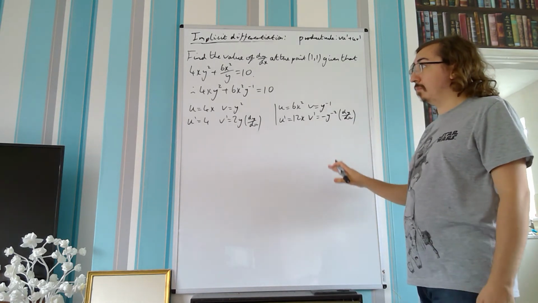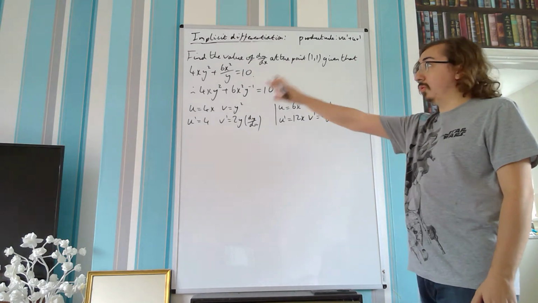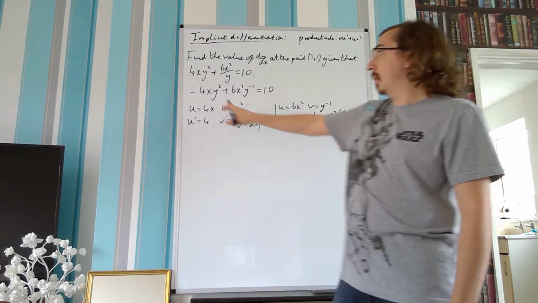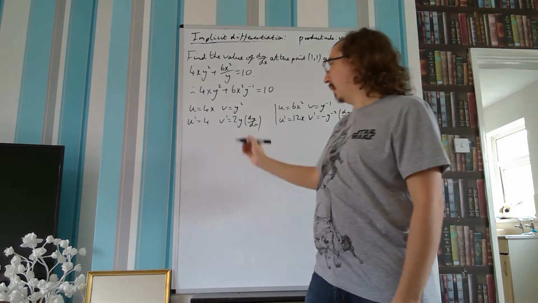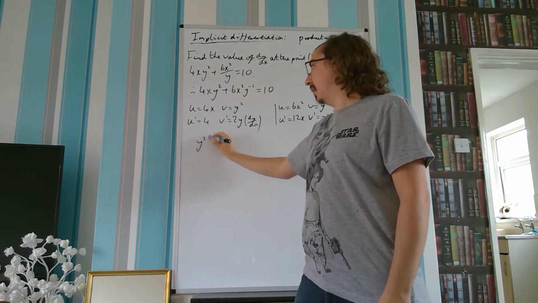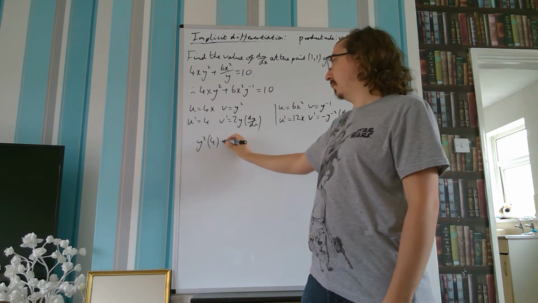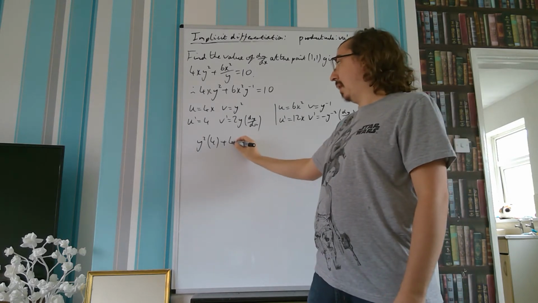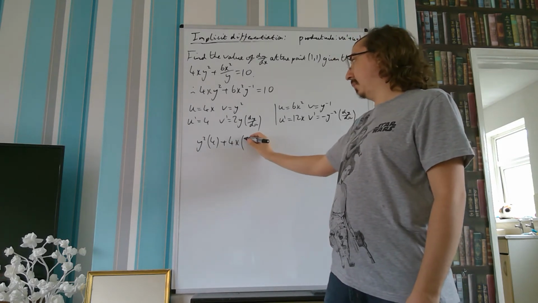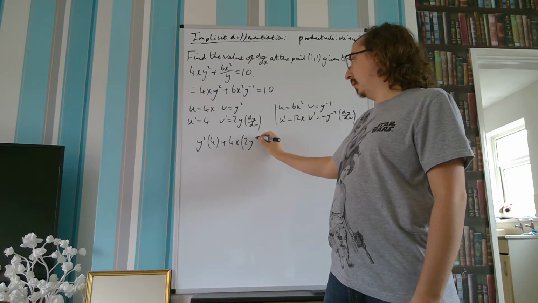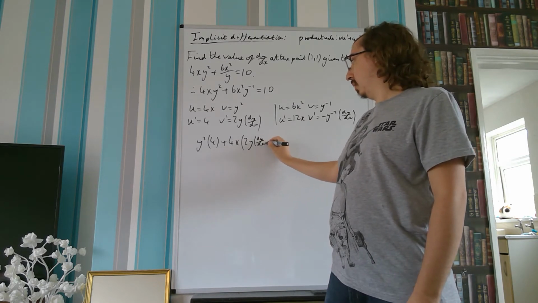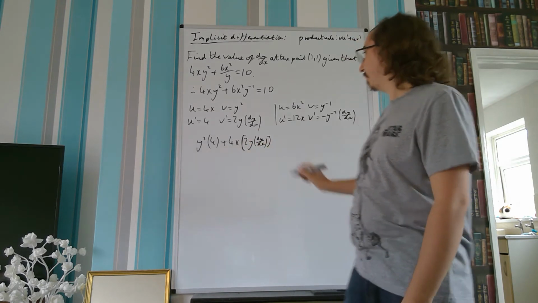So we have our different parts. We can apply our product rule for both of these. For our first one, we have our v, which is y squared, times our u dashed, which is 4, plus our u, which is 4x, times our v dashed, 2y times dy by dx.